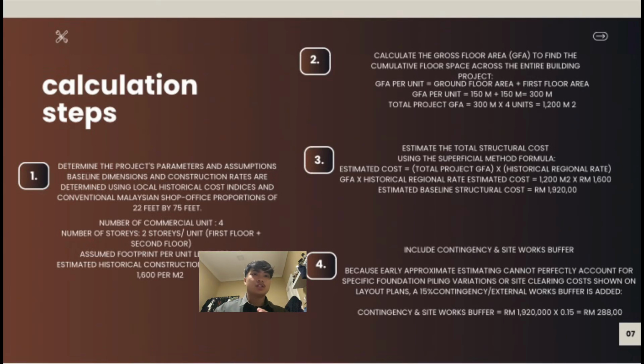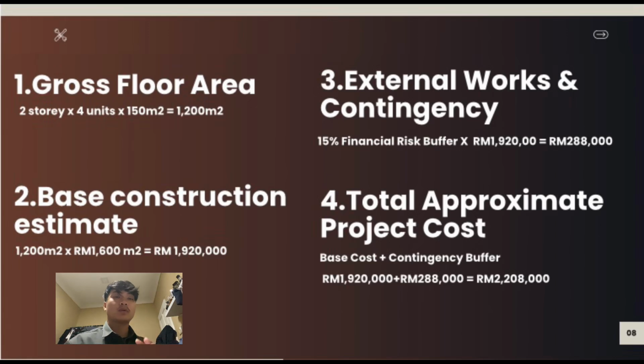And the last step is we need to include contingency and the site worker buffer, which is around 15%. So the contingency and site worker buffer is 1.92 million times 15%, which is 288,000 ringgit. So to find the total approximate project cost, the formula is base cost plus contingency buffer.